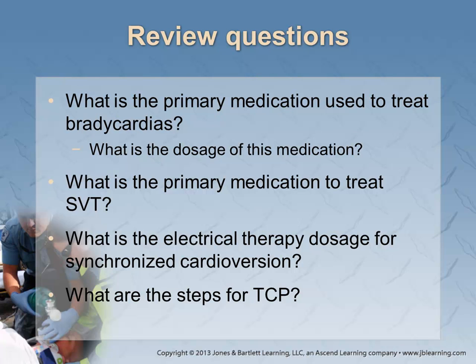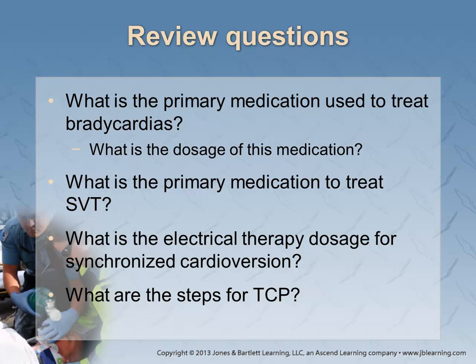What is the electrical therapy dosage for synchronized cardioversion? You're going to have to look at your sheet for that. There's going to be 2 things that you have to look at that's going to determine your dosage. Is it wide or narrow? What's your dosage for narrow complex? 50 to 100 joules.